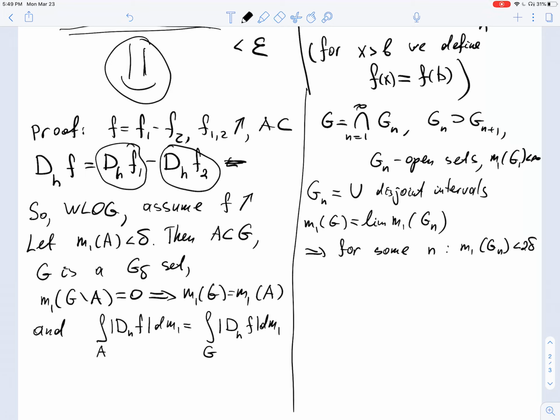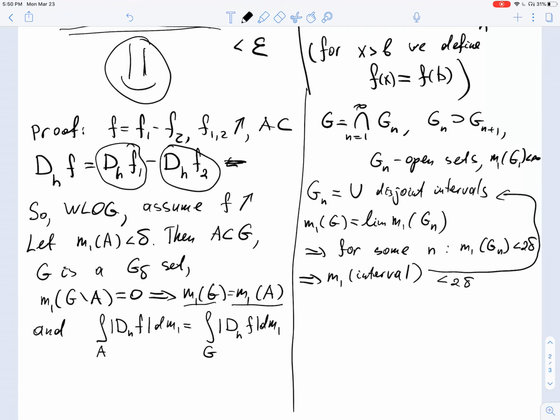Since the measure of G is equal to the measure of A, which is less than delta, the measure of Gn will eventually be less than 2 delta. And this means that the measure of any interval that participates in Gn is also less than 2 delta.